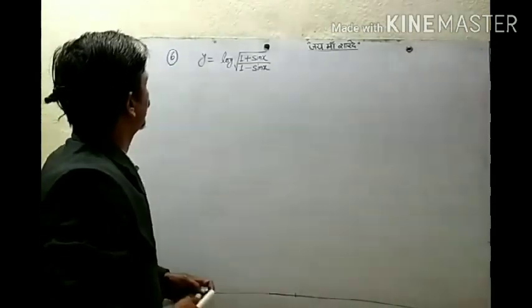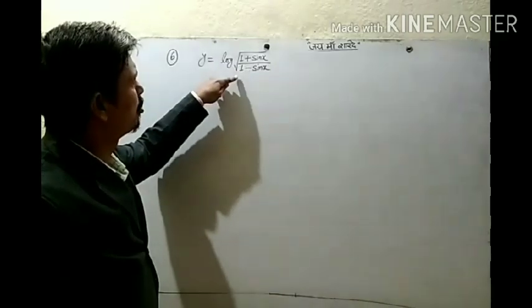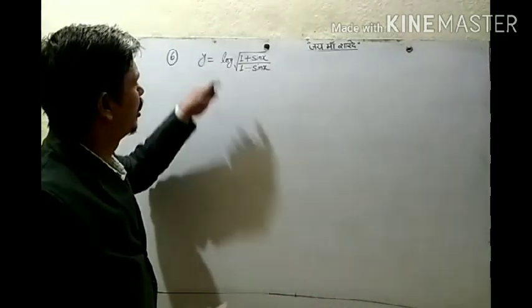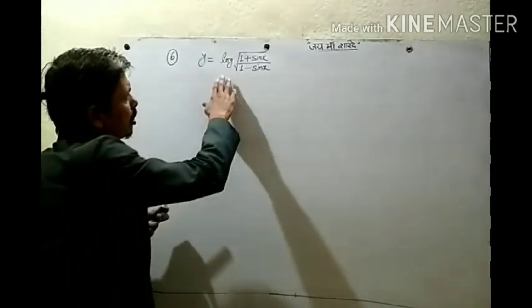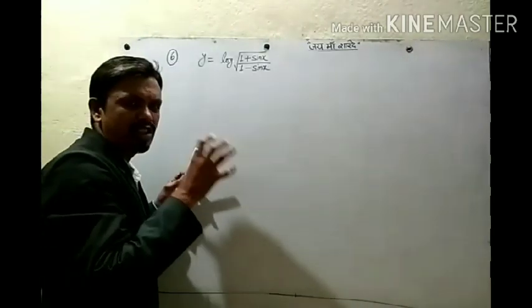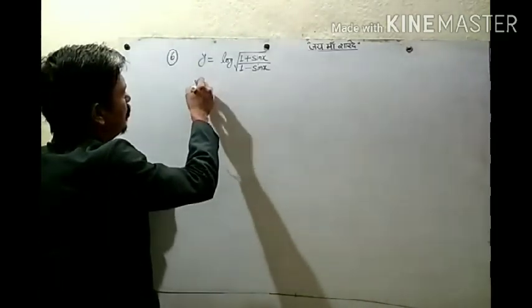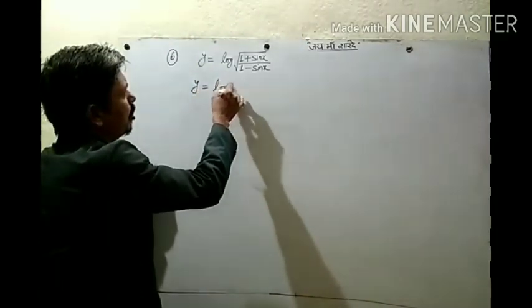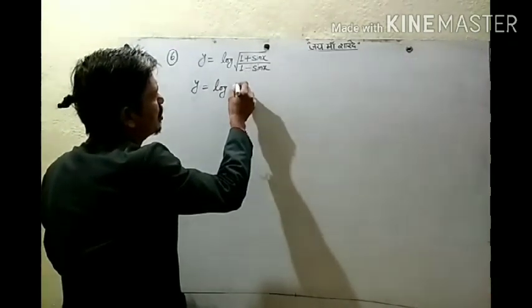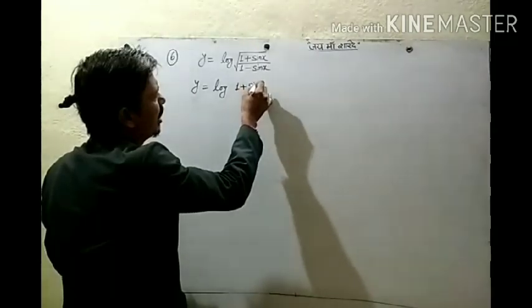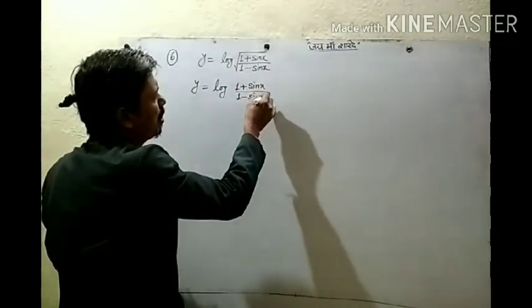One more question. y equal to log of root of 1 plus sin x upon 1 minus sin x. We want to find the derivative of this function. If your function starts with log, then using some properties of log, the function can be simplified. Now this can be written as log of, this is root of 1 plus sin upon 1 minus sin, meaning 1 plus sin x upon 1 minus sin x to the power half.